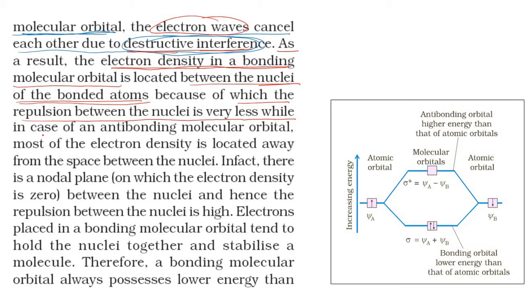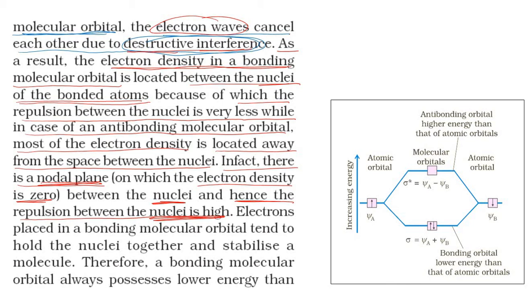While in the case of anti-bonding molecular orbital, most of the electron density is located away from the space between the nuclei, right? And in fact there is a nodal plane on which the electron density is 0. I repeat it once again, there is a nodal plane between the nuclei on which the electron density is 0, and hence the repulsion between the nuclei is high.